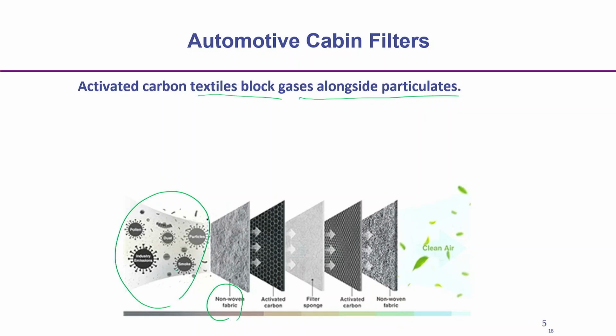So, you can see different types of pollutants are there which are coming to the automotive cabin, and first the non-woven fabric is a pre-filter which blocks the large particles, and then activated carbon absorbs the gases, and a fiber sponge is also used, again activated carbon and then non-woven.